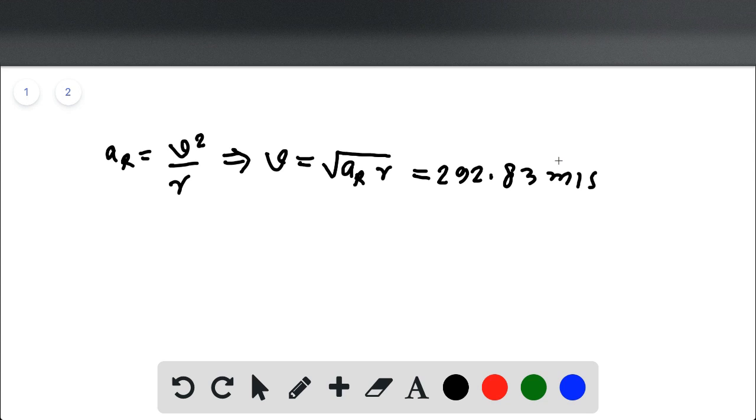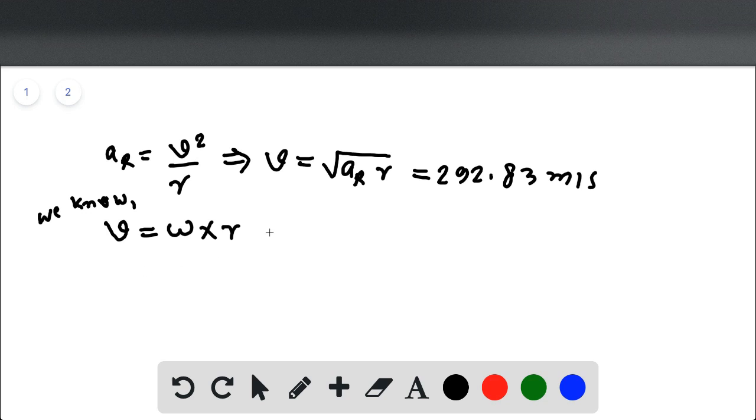So we have the velocity in meters per second, and we need to convert this to revolutions per minute. The first thing we need to do here is write the linear velocity in terms of angular velocity. So we know that V has to be equal to angular velocity times radius.